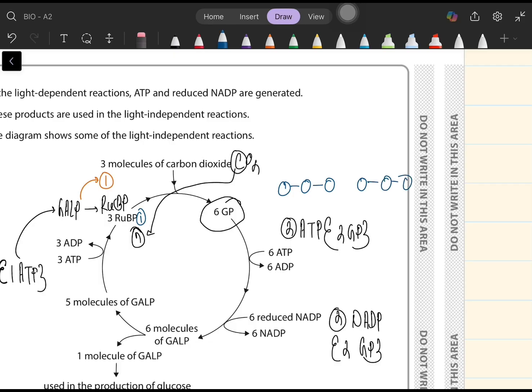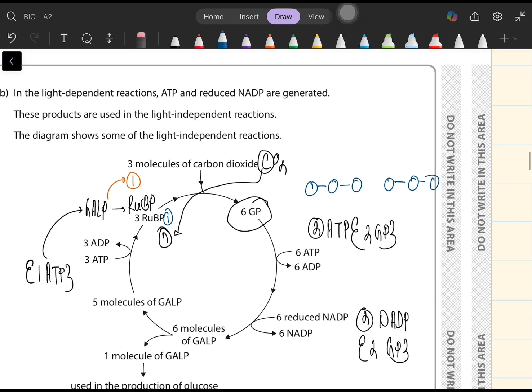So first of all you have this RuBP, a 5 carbon compound, and this combines with one carbon from the carbon dioxide in the air via a process known as carbon fixation to form a 6 carbon compound.